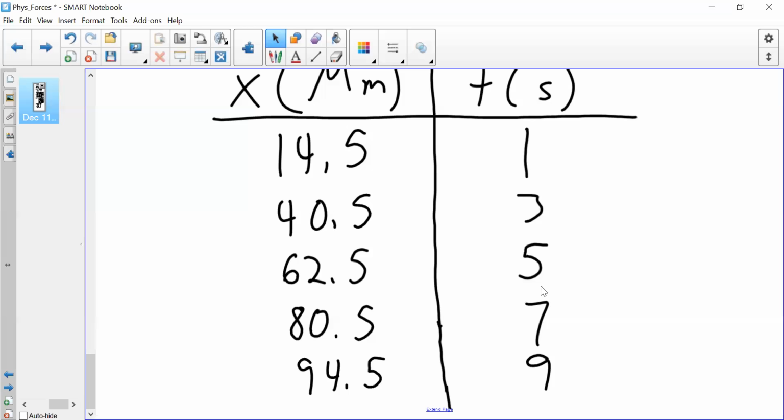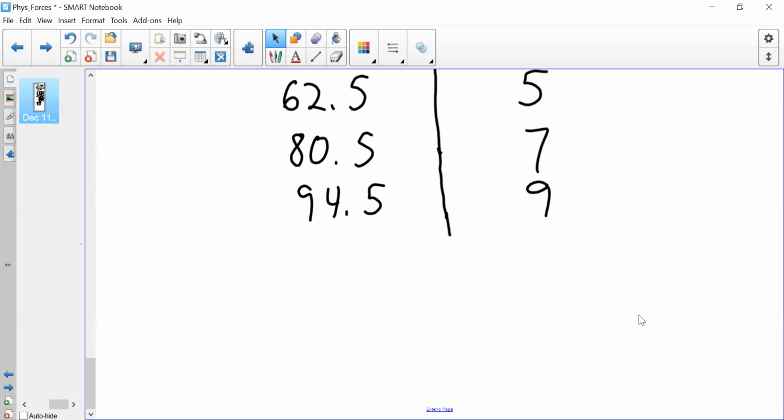So that's my data table. That's my position time data table, which we've seen many times before.